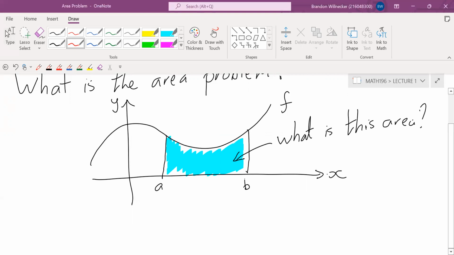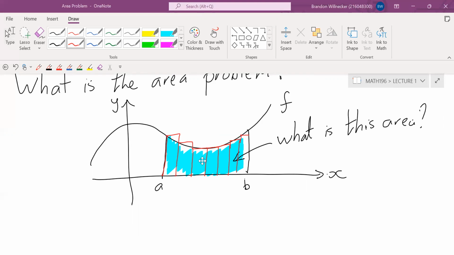Okay, so let's start off with the approximation. I'm just going to draw in a couple of rectangles to show you how these rectangles approximate the area. So our first rectangle can go here, then the second one like so. I'm just filling in all the rectangles here. The idea is we have n rectangles.